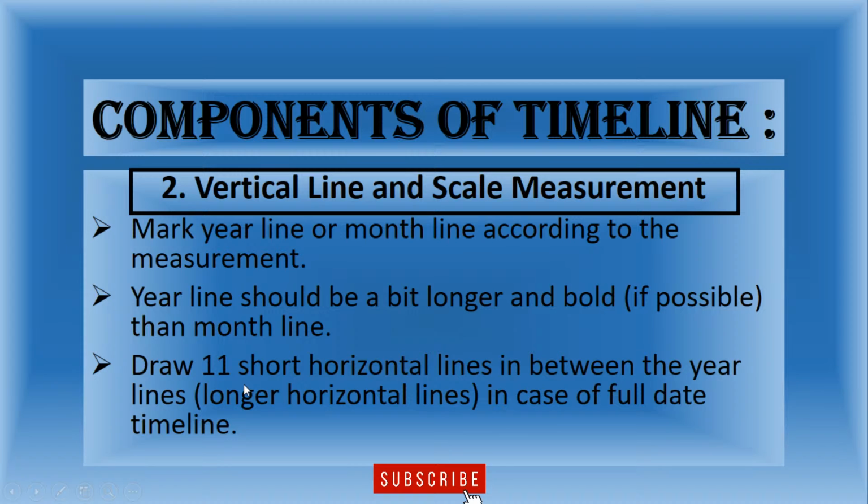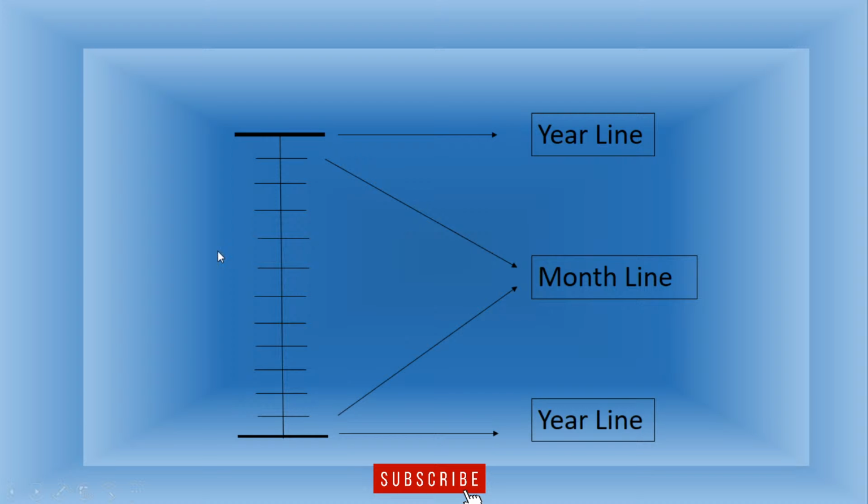Draw 11 short horizontal lines in between the year lines, with longer lines for the year, in case of a full date timeline. This is a year line, longer and bold, this is also a year line, longer and bold, and the others are month lines, smaller. 1, 2, 3, 4, 5, 6, 7, 8, 9, 10, 11.